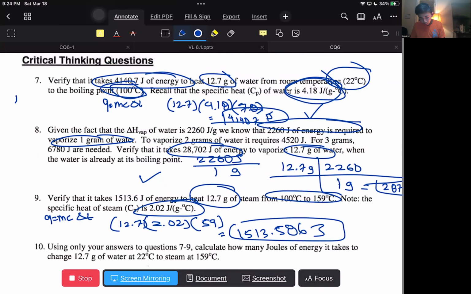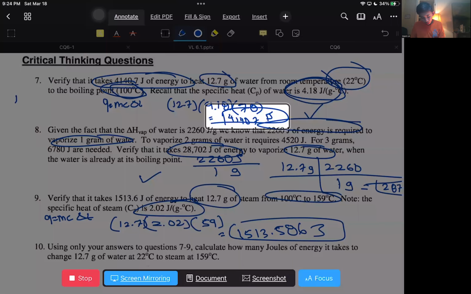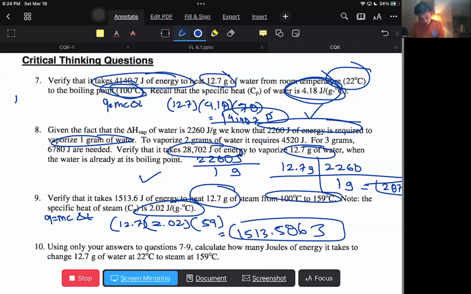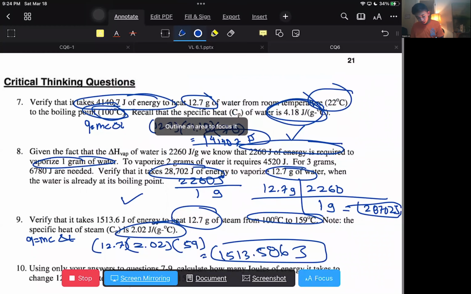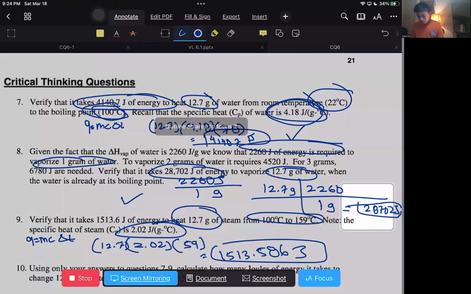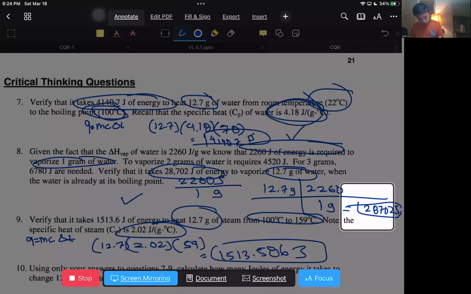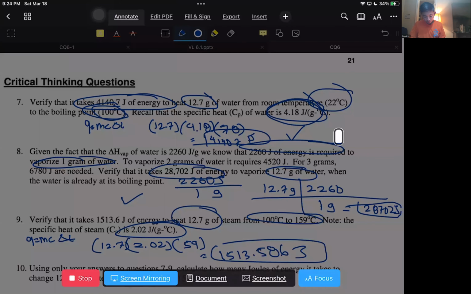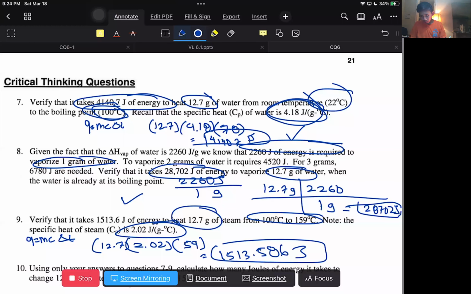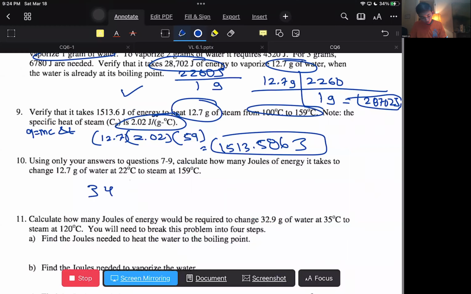So we have 4140 plus 28,702 plus 1513. We should get 34,356.294 joules.